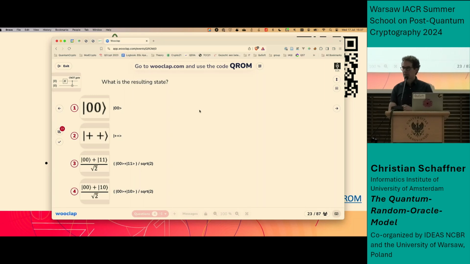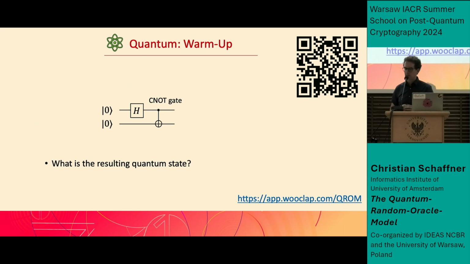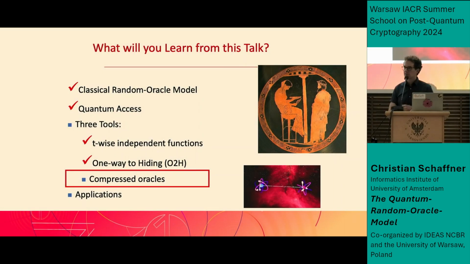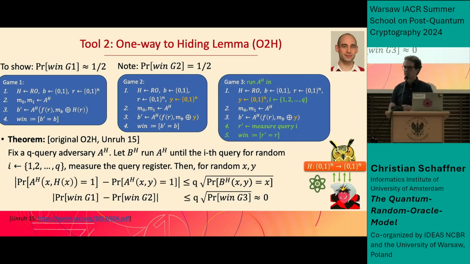Can I ask a question? Yes. Can you go back to the slides? So this looks like a typo, the right-hand side. Probability B^H(x,y) equals x, I mean, you don't want to give x to B^H, right? Because if you give it, it can... Definitely not, so that's just a typo.